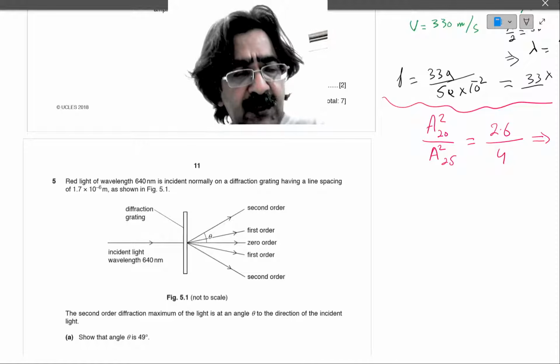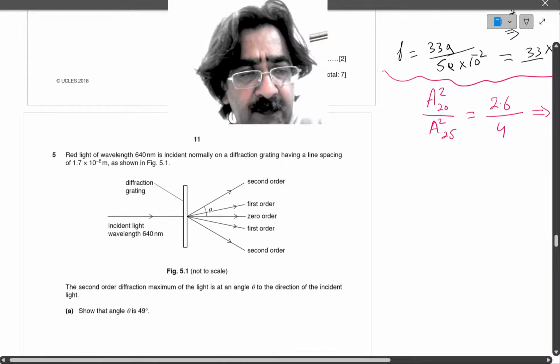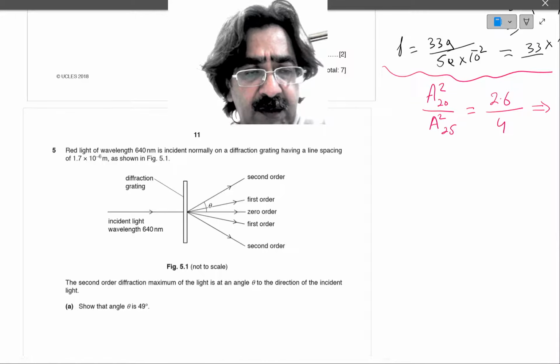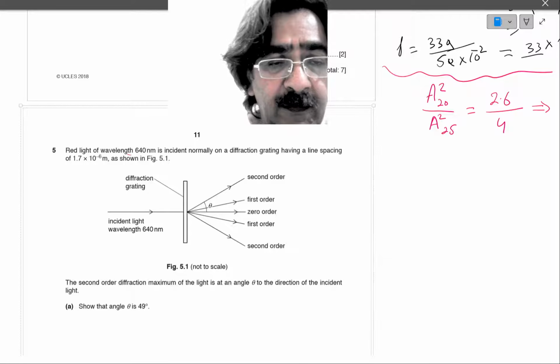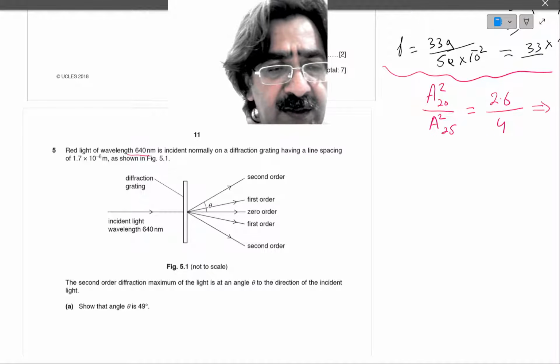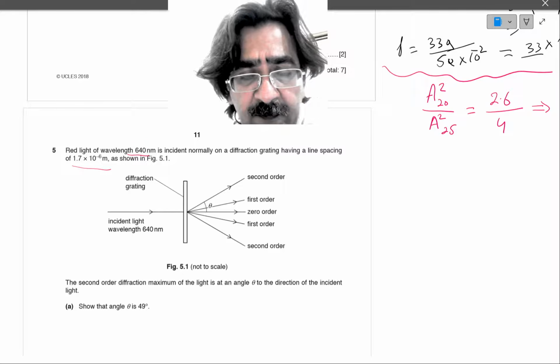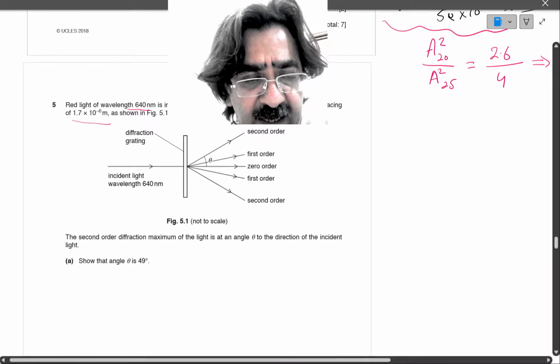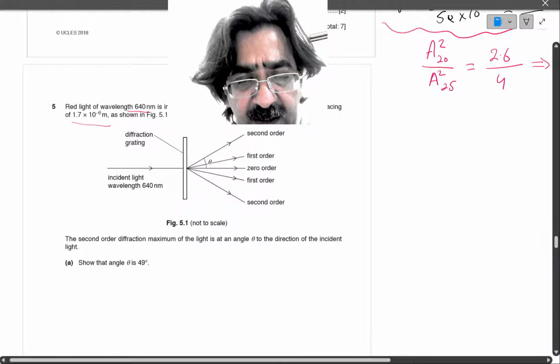So the next question is related to diffraction. Red light of wavelength is given, normally incident on a diffraction grating with spacing as shown in the figure. The second order diffraction maximum of light is at angle theta.